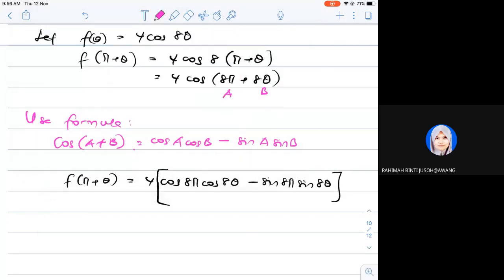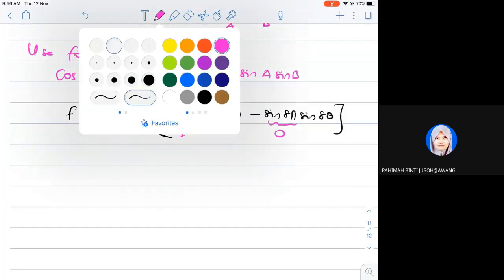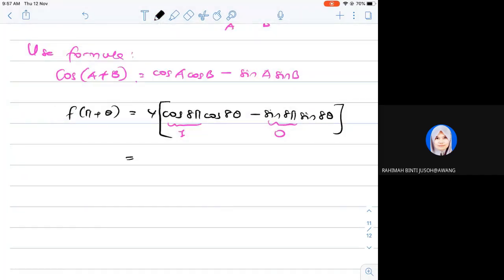Cos 8 pi is 1 and sin 8 pi is 0. So we will have 4 times 1 times cos 8 theta minus 0.